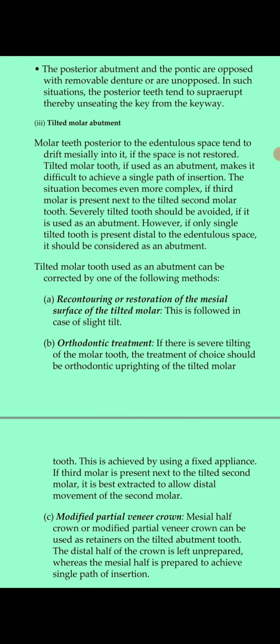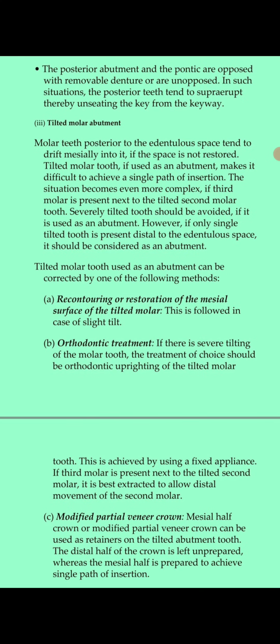A tilted molar tooth, if used as an abutment, makes it difficult to achieve a single path of insertion of the fixed bridge. The situation becomes even more complex if a third molar is present next to the tilted second molar. A severely tilted tooth should be avoided and should not be used as an abutment.